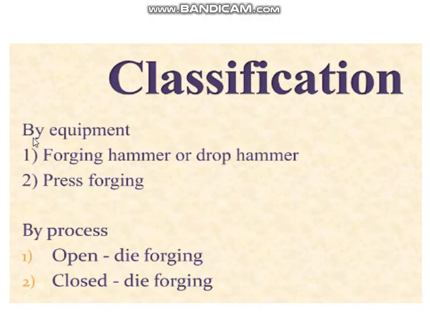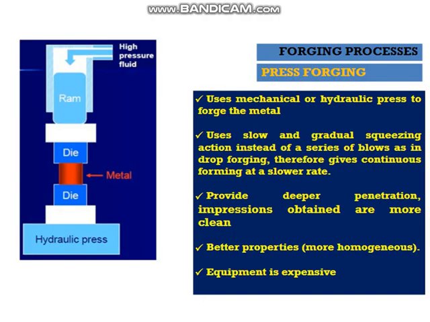Classification of the forging process by the equipment: forging hammer or drop hammer is one type, and press forging is another type. By process, open die forging and closed die forging. In the press forging diagram, we can see a hydraulic press, a lower die and an upper die, with the metal workpiece between the two dies, and a ram.